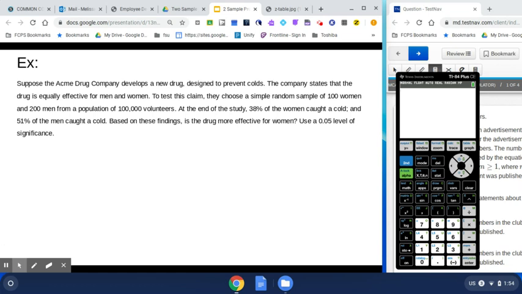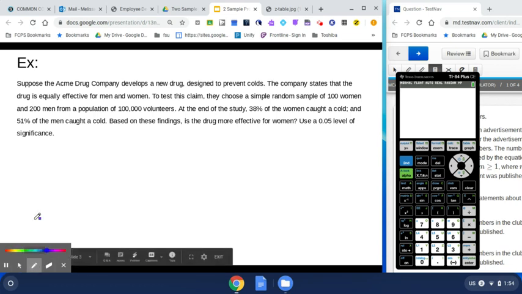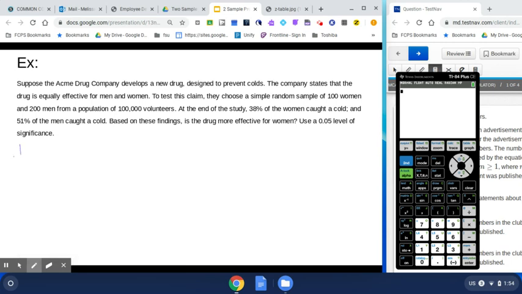Okay, so to start this, if there is truly no difference in the proportion of men and women who get sick, then our null hypothesis would say that P1 is equal to P2. Or in other words, the proportion of women that get sick is no different than the proportion of men who get sick. The alternative hypothesis, we look for any keywords.